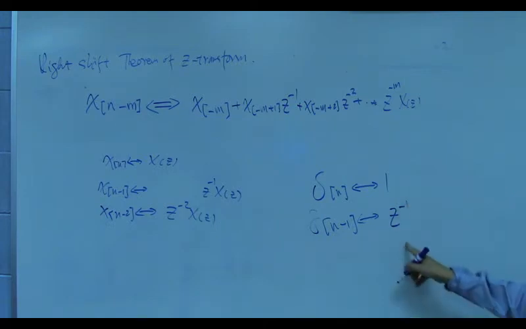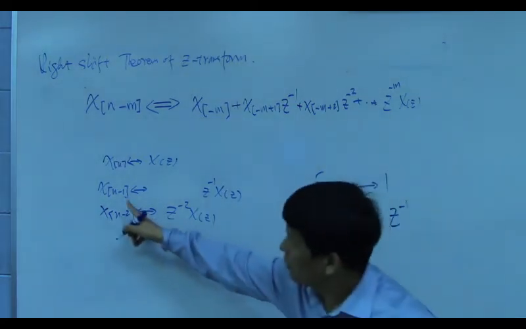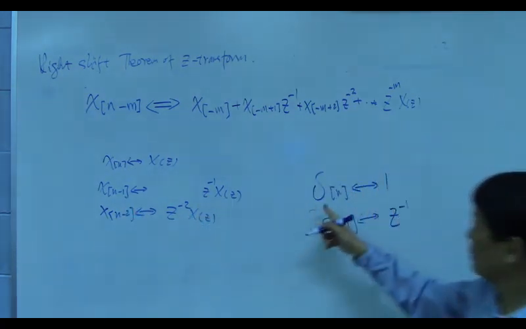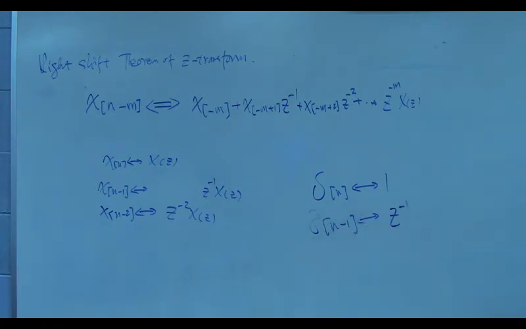Z to the negative 1, right? And this is in the table also. If you look here, minus 1, this one times this, and this one equals 1. So this is more general, dealing with non-zero initial values.